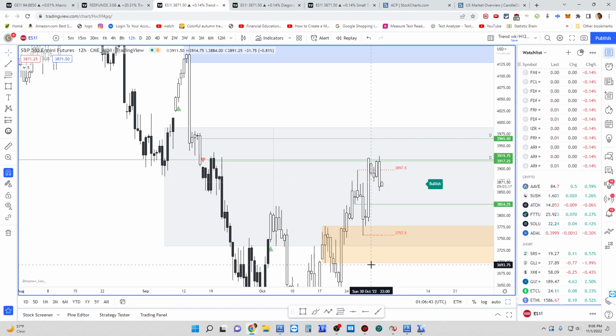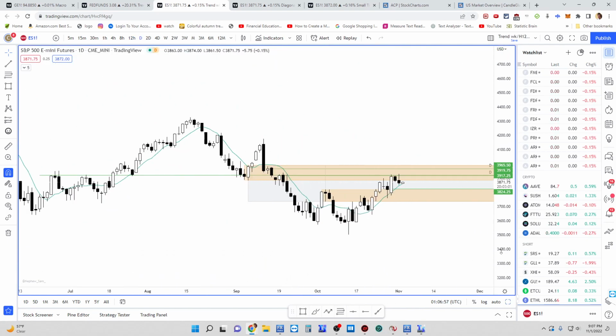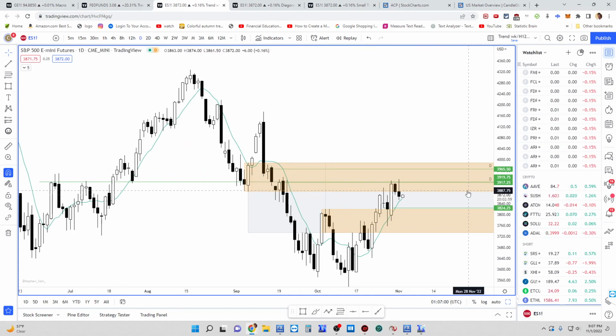With the breaker gone, it's suggestive that they have been done away with. So that's one hint: the H12 is intact. Here's another thing: we haven't closed below the 8 EMA on the day. That's another thing that would indicate a bullish lean.